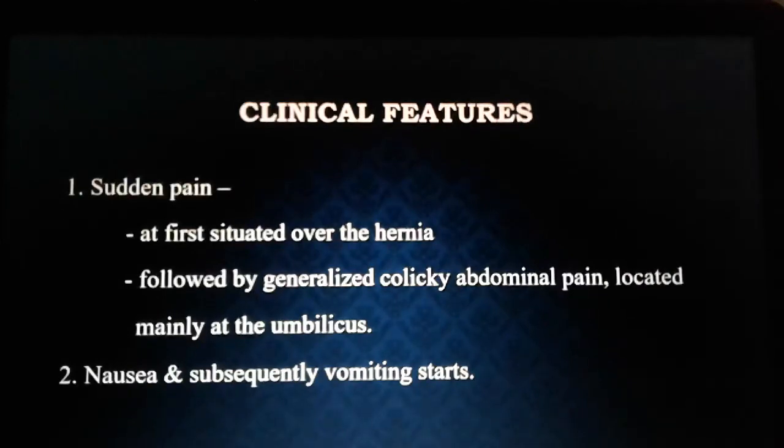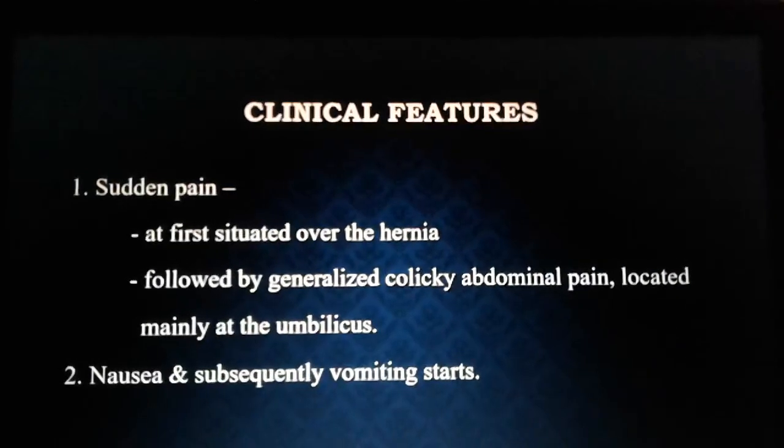Because most of the time the content of the hernia that is being strangulated or obstructed is embryologically derived from the midgut, right? Usually pain associated with any midgut derivative is localized around the umbilicus.